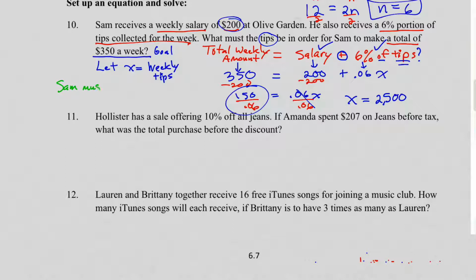Sam must have 2,500 in tips per week. Okay, that is the answer. Sam must have 2,500 in tips per week in order for him to reach his goal of 350 per week.